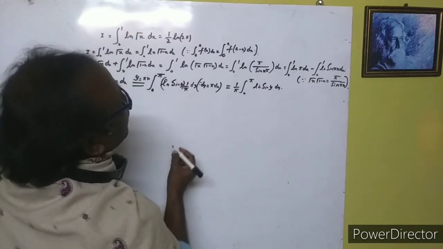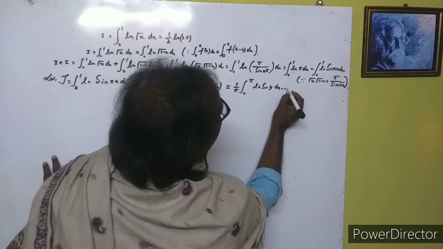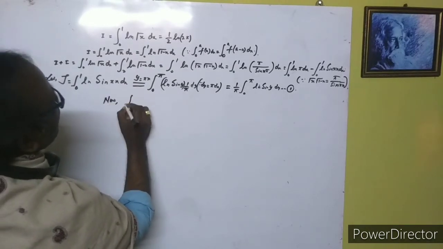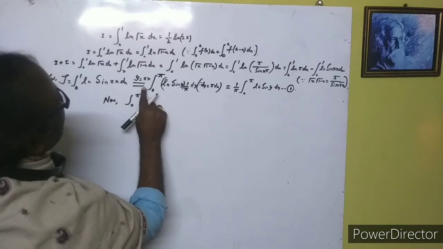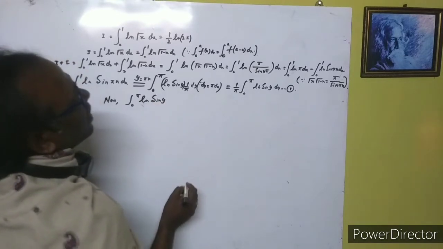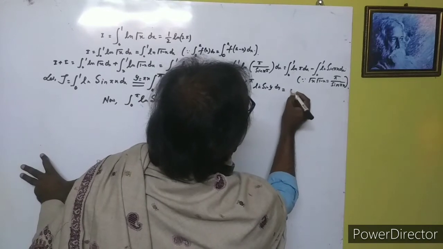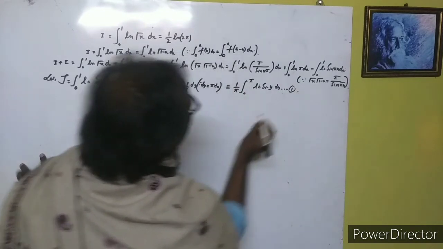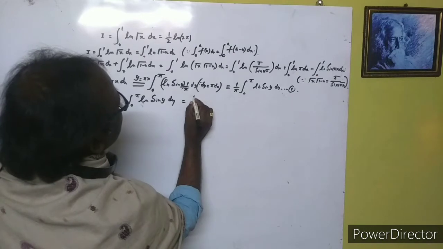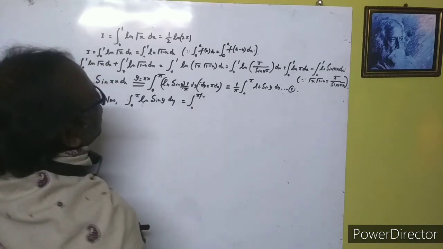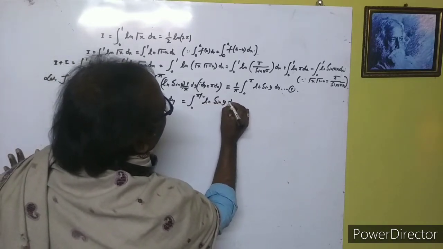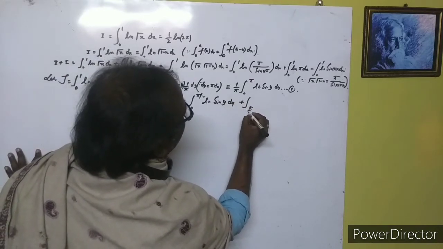It can be written as the integral from 0 to pi by 2 of ln sin y dy plus the integral from pi by 2 to pi of ln sin y dy.